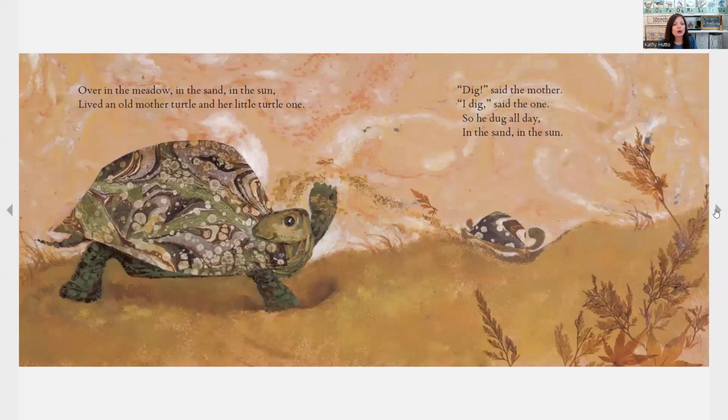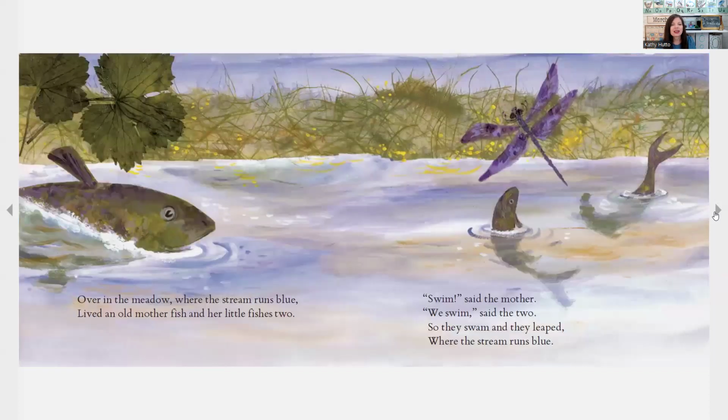Over in the meadow, in the sand and in the sun, lived an old mother turtle and her little turtle one. Dig, said the mother. I dig, said the one. So he dug all day in the sand in the sun. Over in the meadow, where the stream runs blue, lived an old mother fish and her little fishes too.